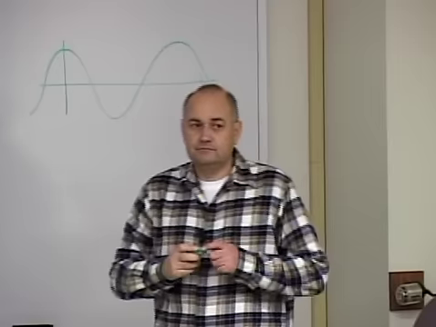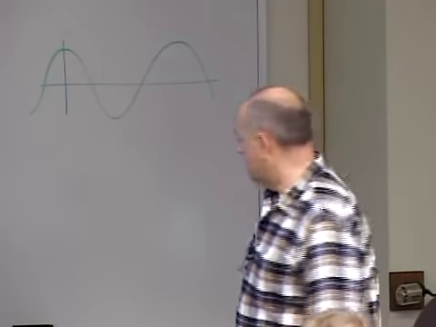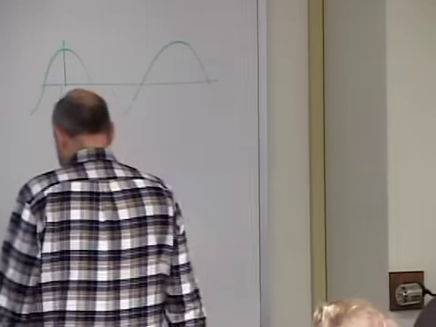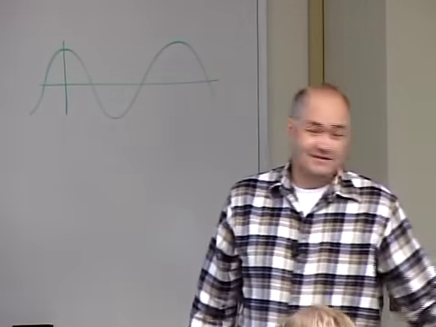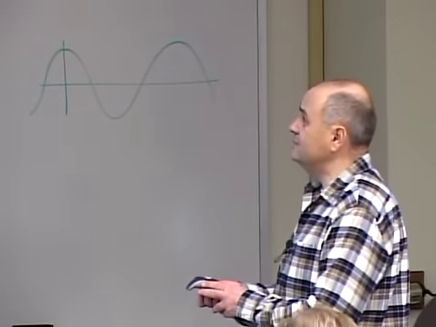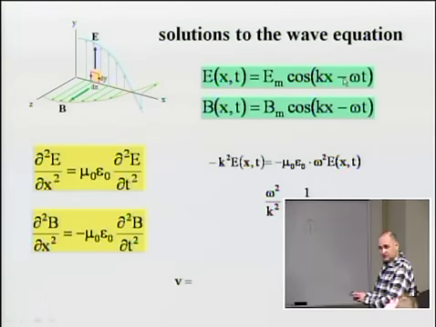Right? Now, just a little bit later, consider an instant that now this is not 0. Let's say that this is pi over 4. How to draw the function when omega t is equal to pi over 4?